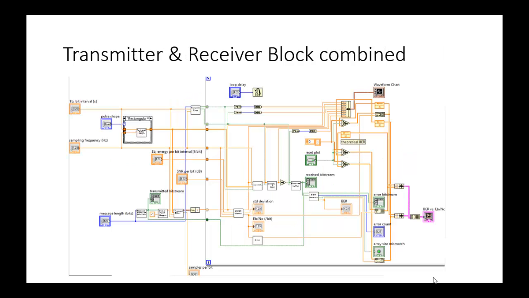This is how the transmitter and receiver blocks combined look like. On the left hand side, this part is the transmitter section, and the transmitted signal comes onto the additive white Gaussian noise channel, and the noise impaired signal coming out of the channel is received by the receiver.